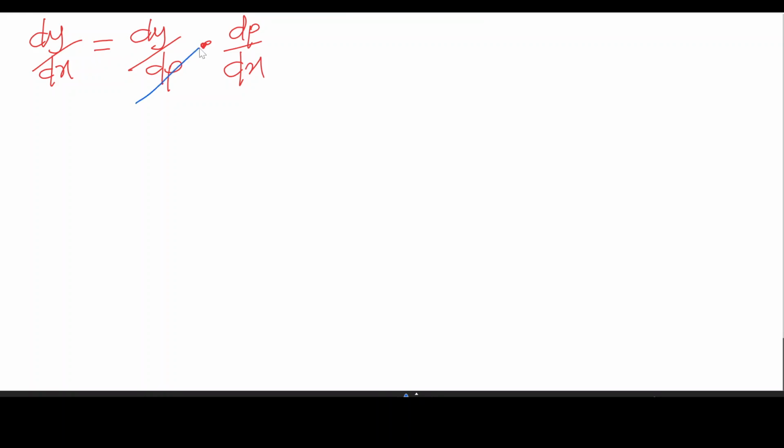In this case, the dp and dp cancel themselves out, so we have dy over dx. The whole strategy to get dy/dx is to multiply dy/dp with dp/dx.